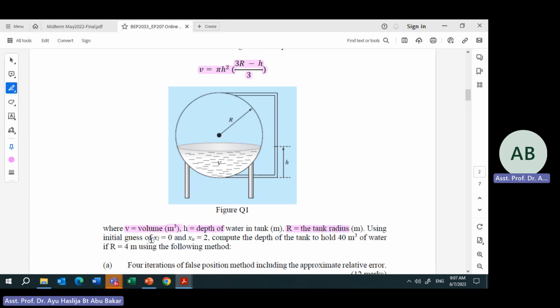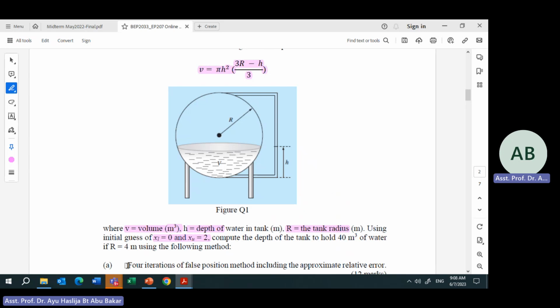Using the initial guess, compute the depth of the tank to hold 40 meter cube of water if R equals 4. It asks you to compute the depth. Depth here is the H.